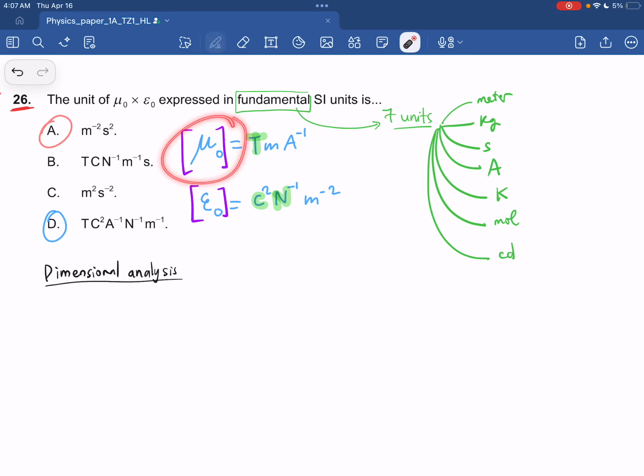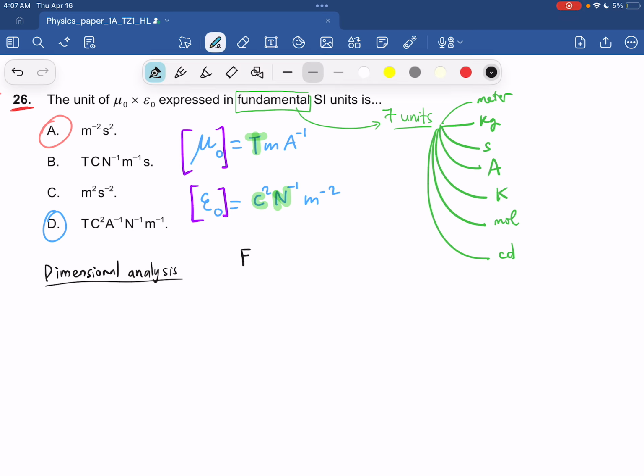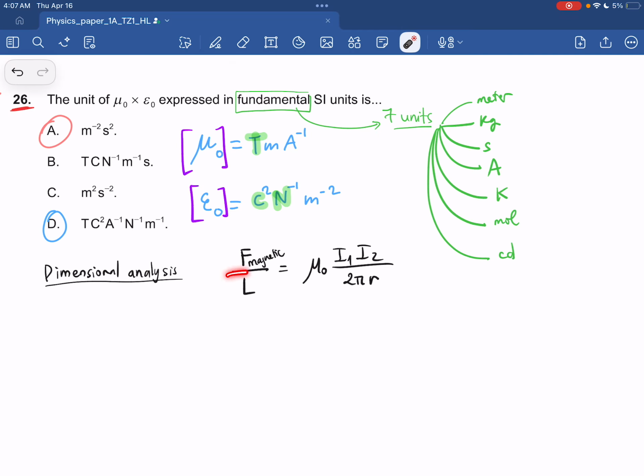you can find a formula like F over L equals mu naught I1 I2 over 2 pi r. So what is it? The F here is the magnetic force that we can determine over a unit of length between two currents.